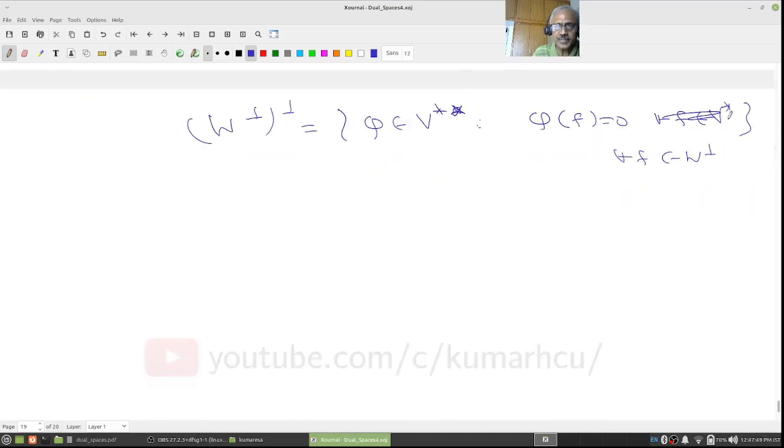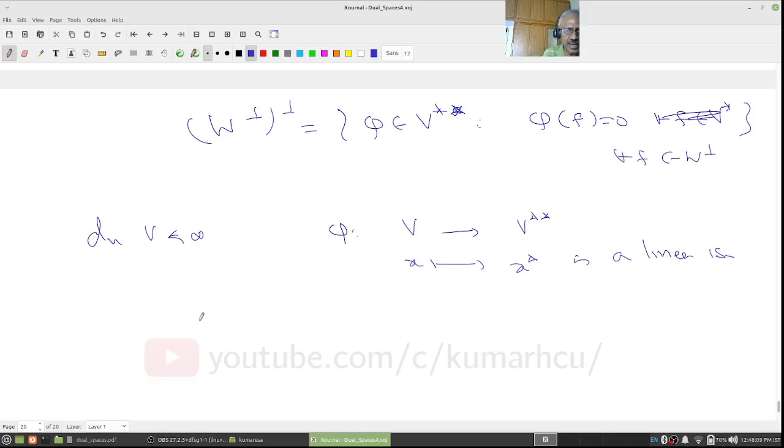But we can give a meaning, that is, if V is finite dimensional, then my map from V to V double star, namely x going to x star, is a linear isomorphism. Right?